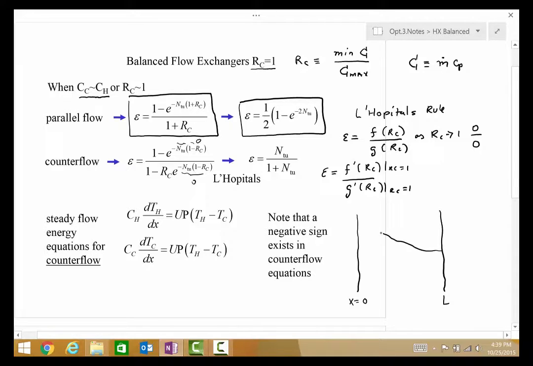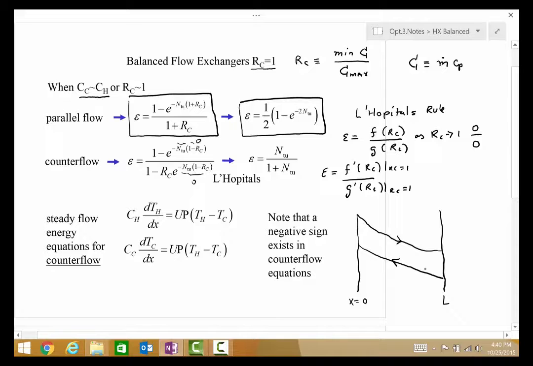I'm just going to sketch a crude case here where we have these two curves. In the curves that I'm sketching, we have a hot stream that's going from left to right and a cold stream that's going from right to left.